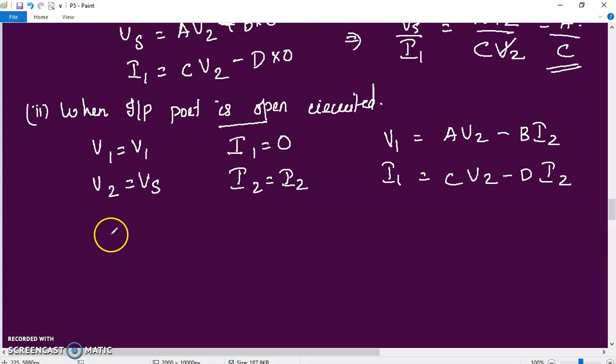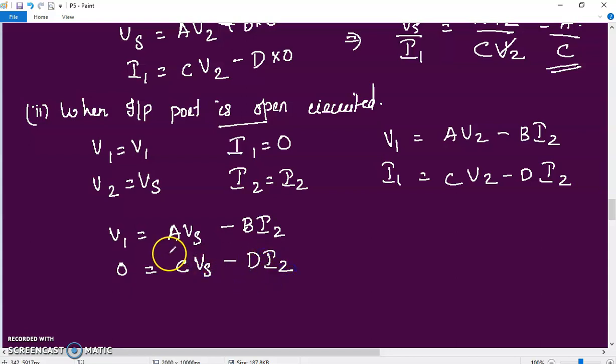V1 is equal to A into Vs minus B into I2. Second equation, 0 is equal to C into Vs minus D into I2. Here we have to find V2 by I2, the voltage to current ratio at the output port when the input port is open circuited, that is Vs by I2.